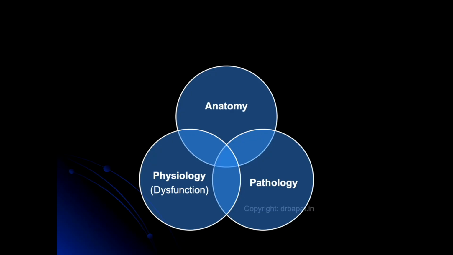That means from every symptom and sign, try to determine the site of the disease, functional disability, that is, what has gone wrong with the physiology, which in turn may help to determine the site of the disease again, and the pathology. If a symptom or a sign can determine all the three, then arriving at a clinical diagnosis will become pretty easy. But that doesn't happen in practice in every case.